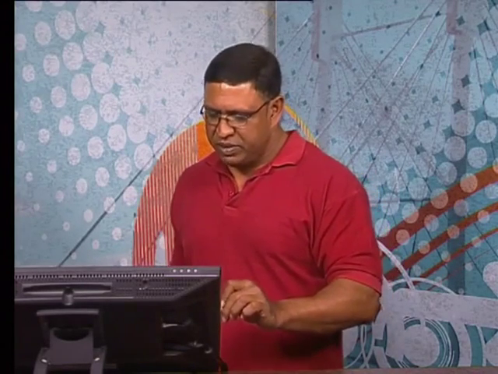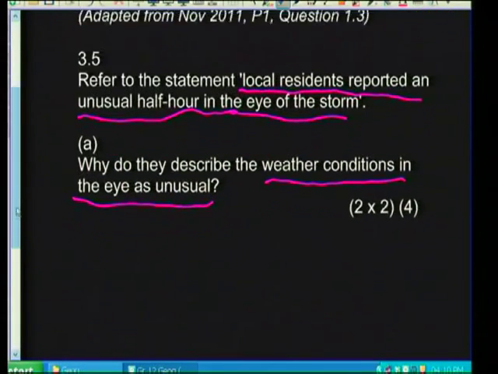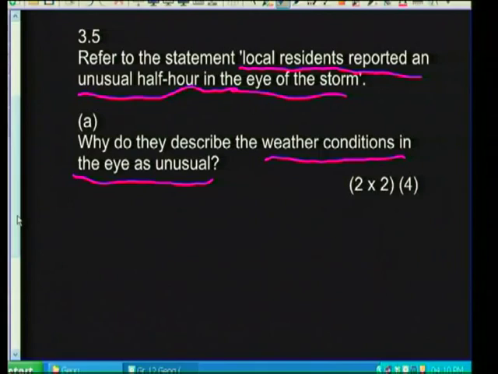So let's look at how we would answer. We saw those 2, then we can give even further. All right? Let's look quickly at it. Unusual. So it's important to say why it's unusual. Now, how would I describe it? All right? The sudden change. Because remember, the first vortex was actually creating massive damage, strong winds.